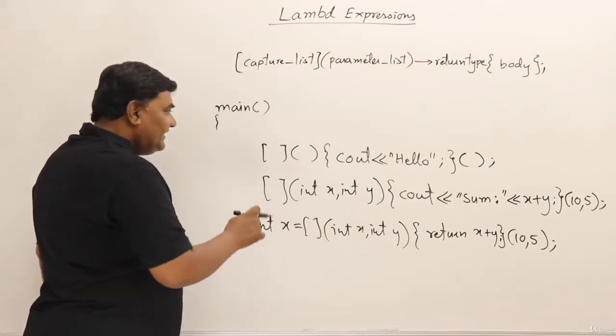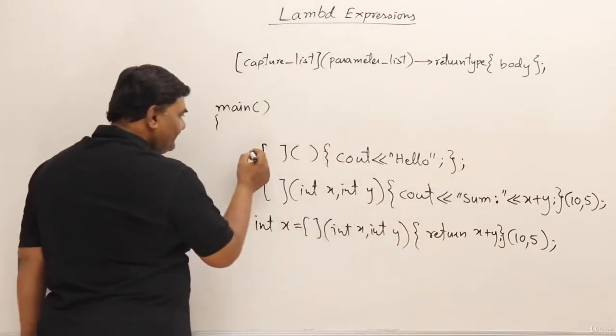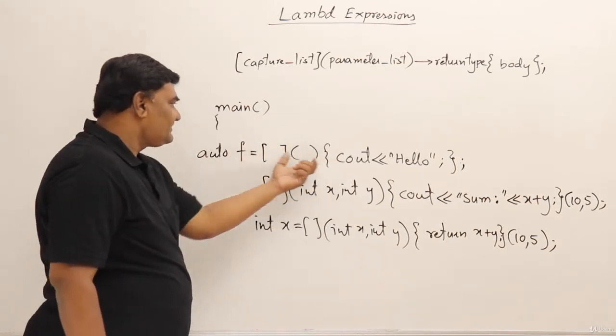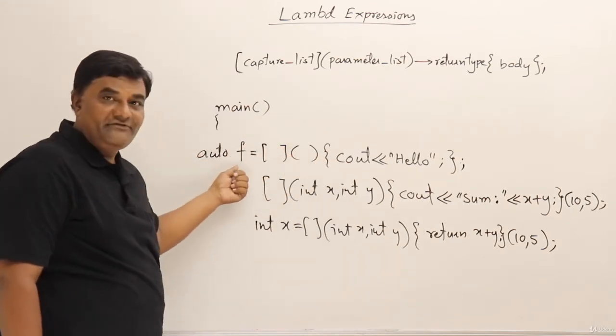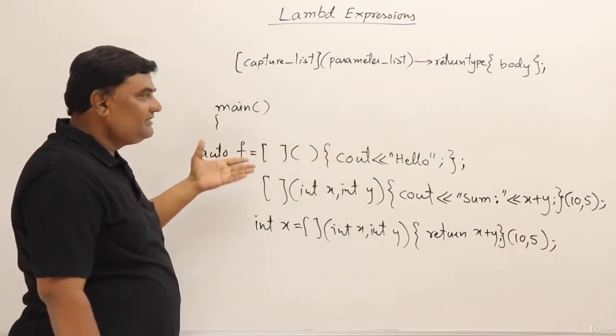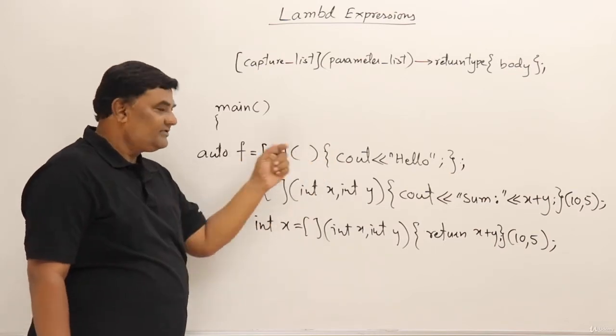Now next, one more thing I'll show you. Instead of calling the function even, we can assign it to some variable, auto f. So this function is assigned to this auto f. Now the name of the function is f. I have given some name, though the function is unnamed, but this is a reference to that function.